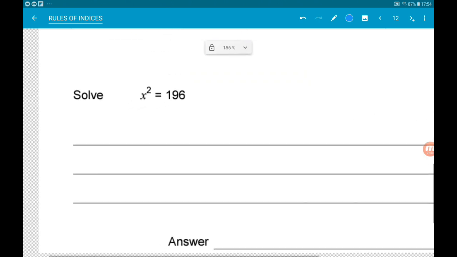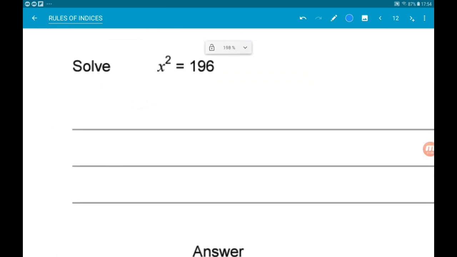Okay, and the final question wants us to solve x squared equals 196. So with a question like this, it's definitely important that you get a positive and negative answer, because it's 2 marks.